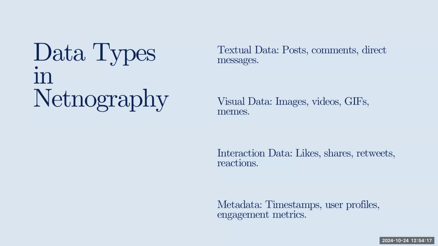And then we have interaction data, and those are things like likes, shares, retweets, reactions, and other forms of engagement metrics. Interaction data is often used to measure the level of engagement within the community and provide a quantitative indicator of the topic's popularity or relevance.